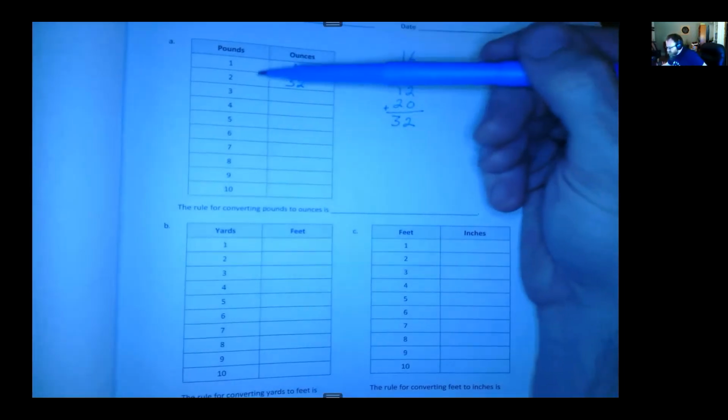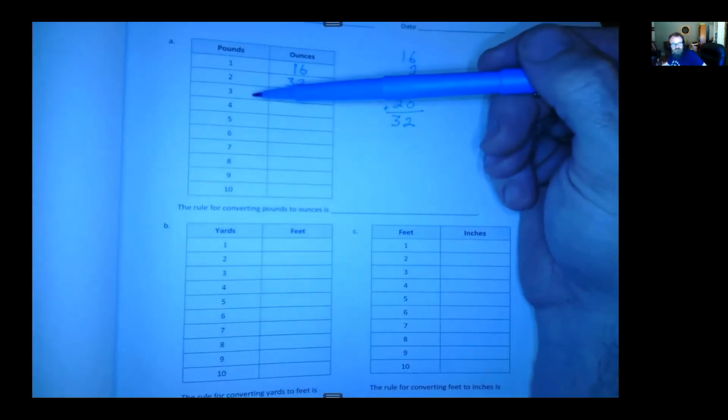And because the number of pounds is increasing by 1 in each row, and each 1 pound is 16 ounces, then we know that the number of ounces is going to increase by 16 in each row.